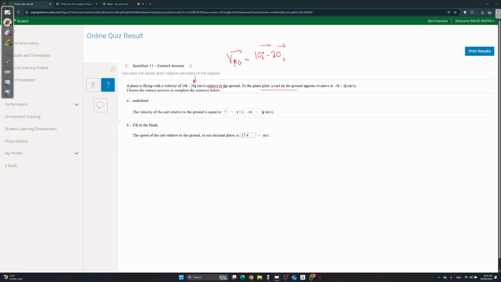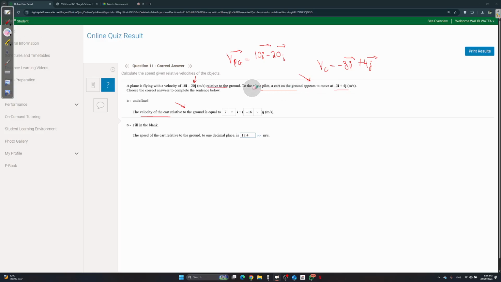To the plane pilot, a cart on the ground appears to move at negative 3i plus 4j. So the velocity of the cart is negative 3i plus 4j. They want the velocity of the cart relative to the ground.